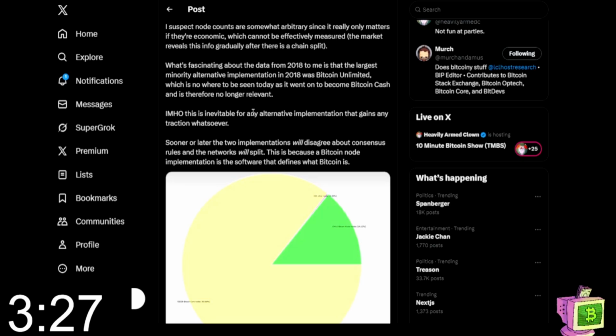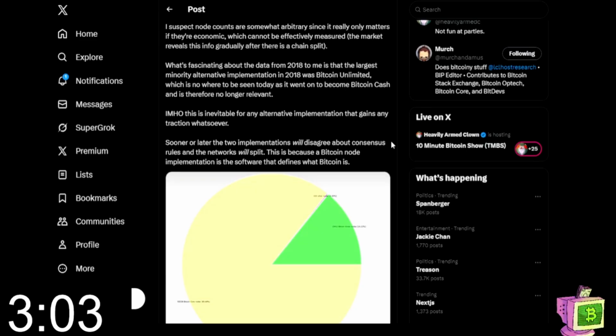Eventually, inevitably, you end up with a split because you have two different maintainers attempting to define two different rule sets. There's no way for those rule sets to maintain their synchronization without following the same change process. That's my opinion anyway.